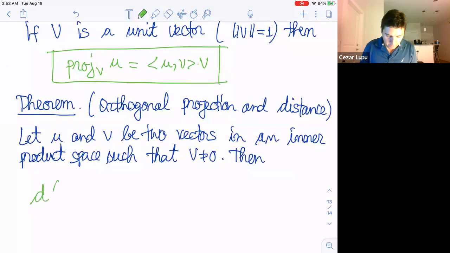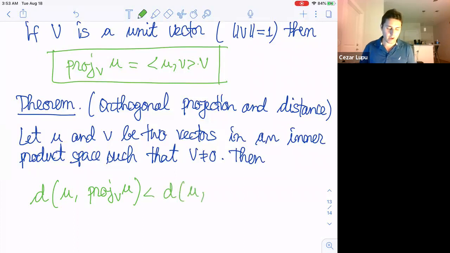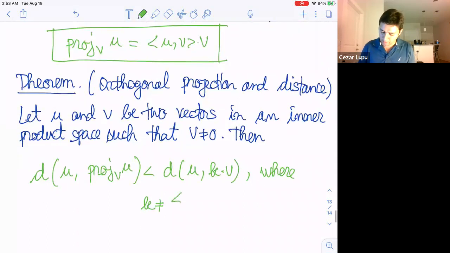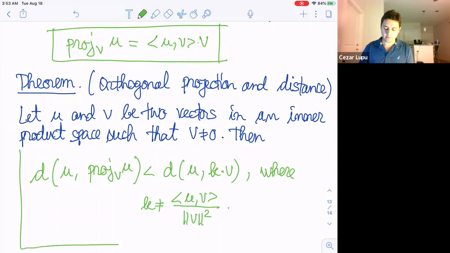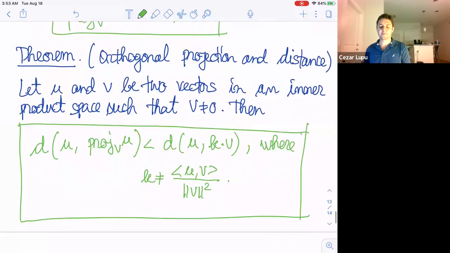The distance between U and the orthogonal projection of U onto V is less than the distance between U and a constant K times V, where this constant K is different than the inner product between U and V over the length of V squared. So this inequality holds true.